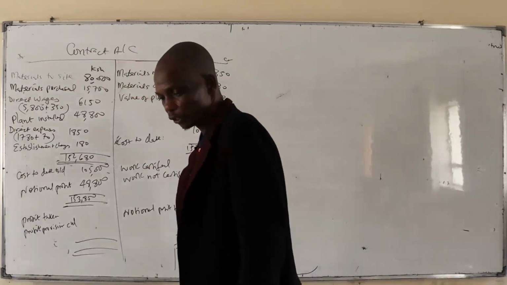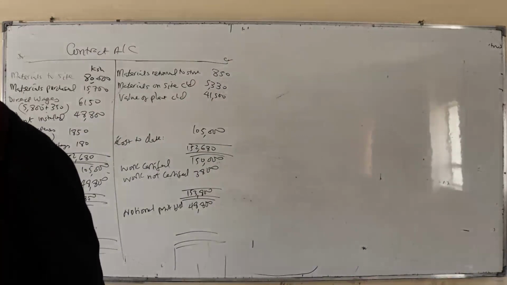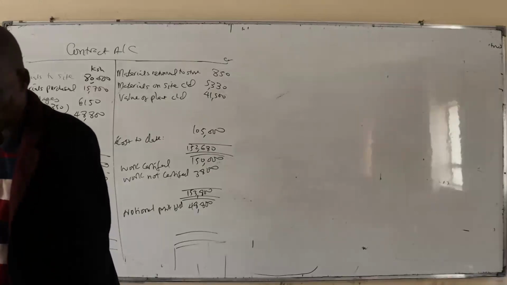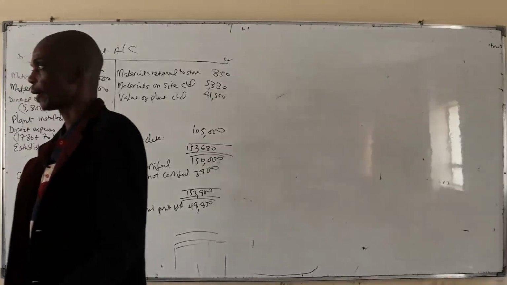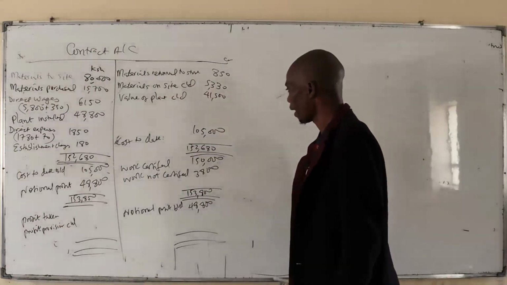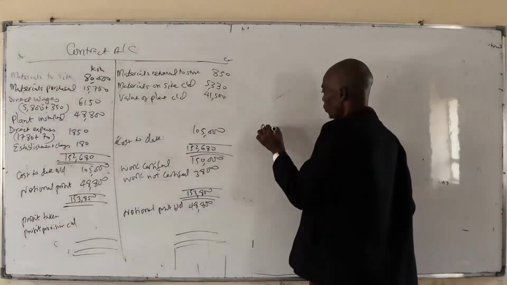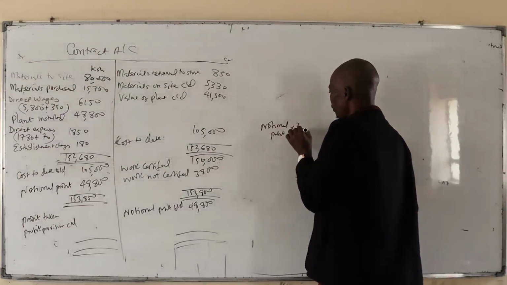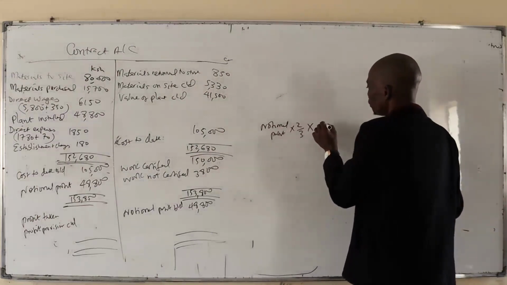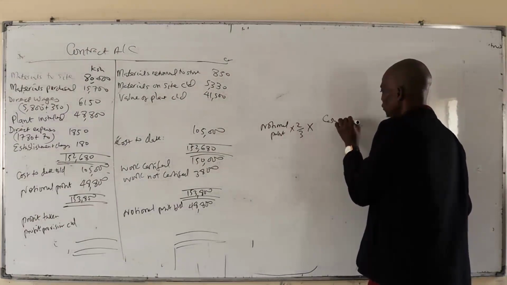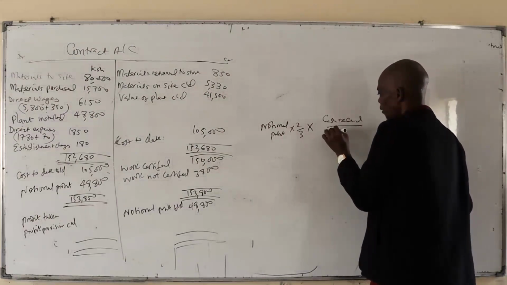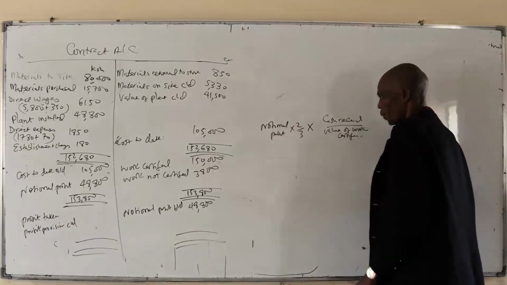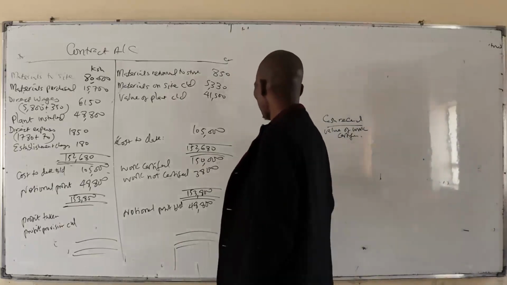But if the contract is at maturity, like 60% or 50% has been done, then the profit that you take will be the notional profit times 2/3 times cash received over value of work certified. So when the work is at maturity, we apply this formula.